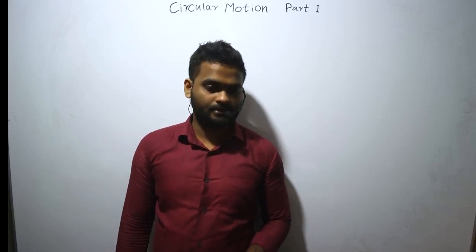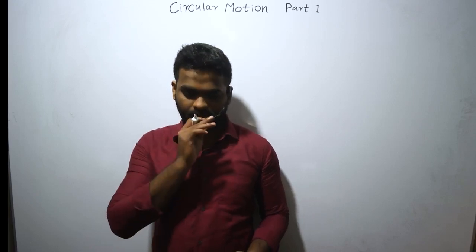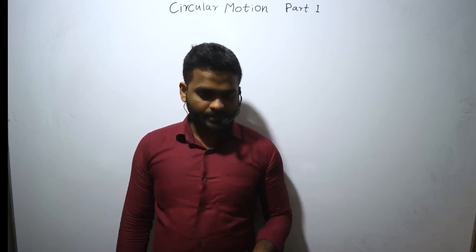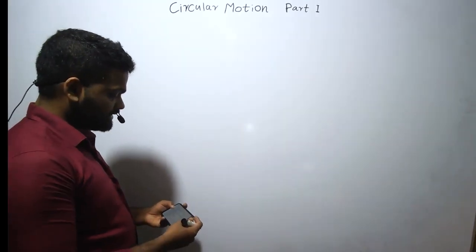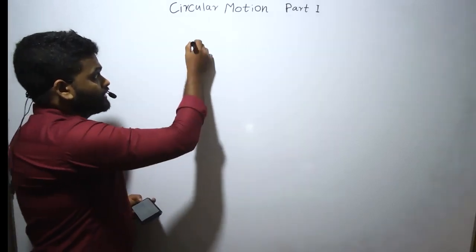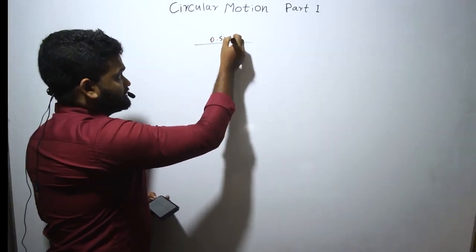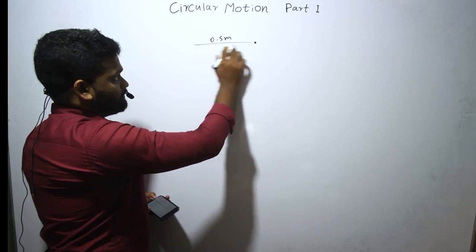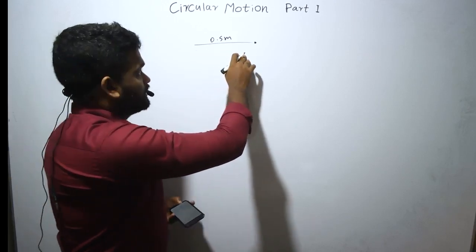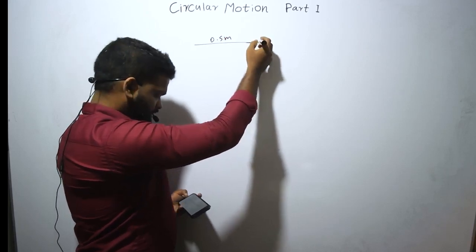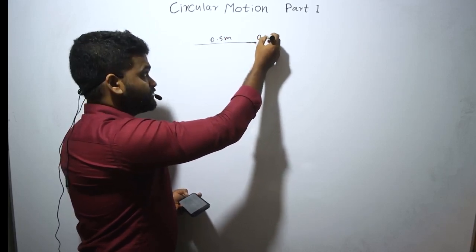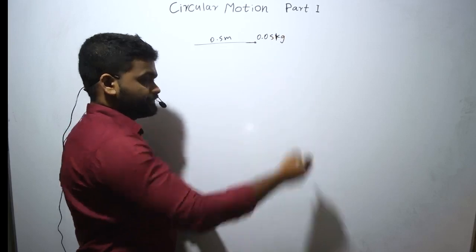14th question. 0.05 kilogram of mass is attached to the end of a string with non-extended length 0.5 meters. So 0.5 meters, this is non-extended, we haven't applied any force. The meaning of that is this is an elastic string. The mass attached is 0.05 kilogram.